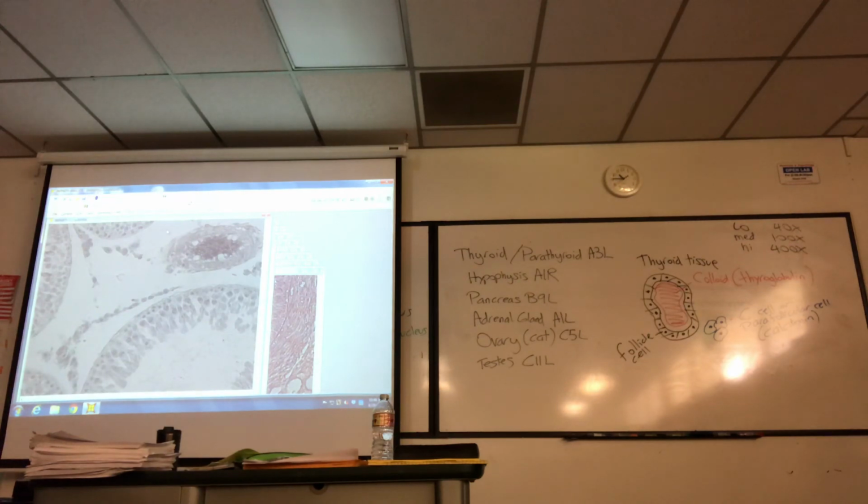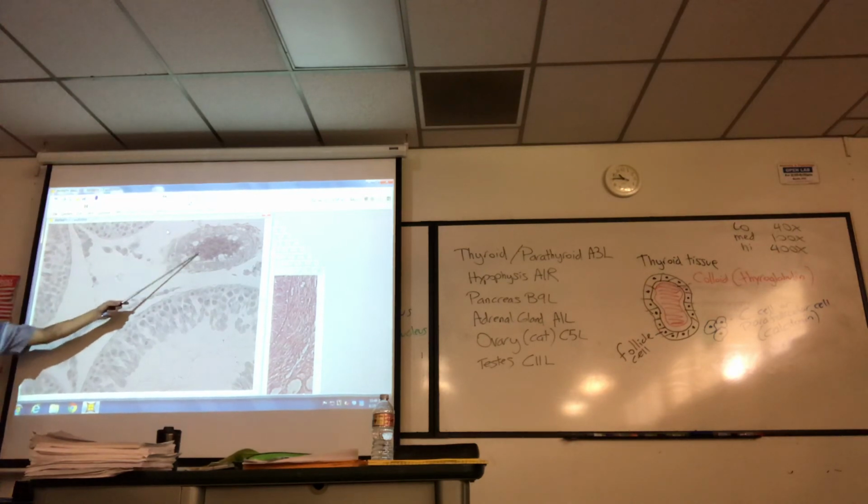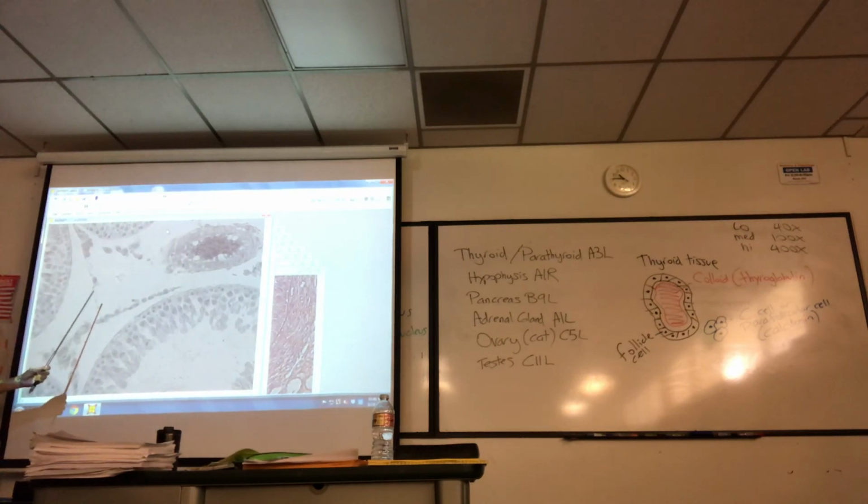All right, so what we're looking at here, seminiferous tubule, you can see the developing sperm and the lumen there. Here are the interstitial cells on the outside. That's a blood vessel, not concerned with that, but you do need to know testosterone travels in the bloodstream.